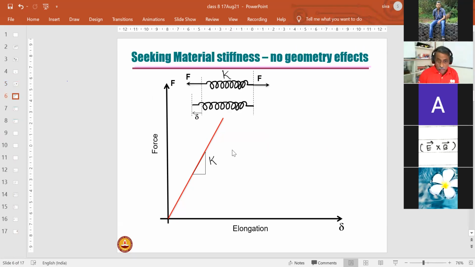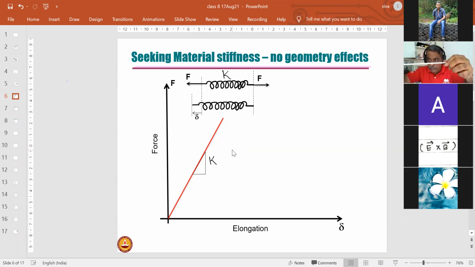Now, let us look at what happens. Supposing I take this, all right? I have one like this and one like this. I combine them this way, and I pull.